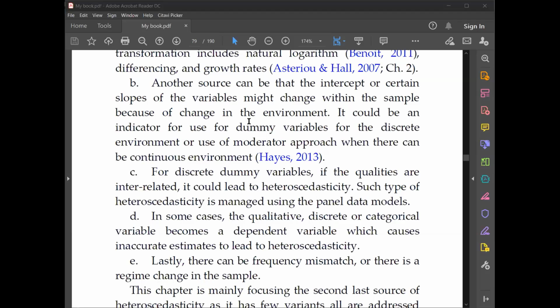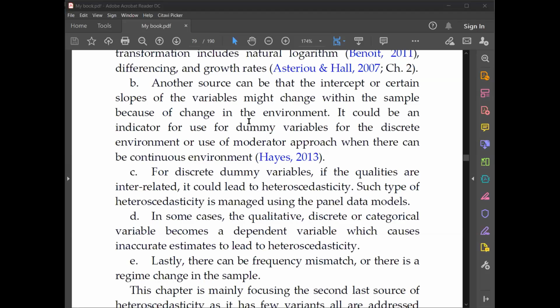Then point C is for discrete dummy variables: if the qualities are interrelated, it could lead to heteroskedasticity. What it means is that suppose there are two qualities and both are opposite to each other.